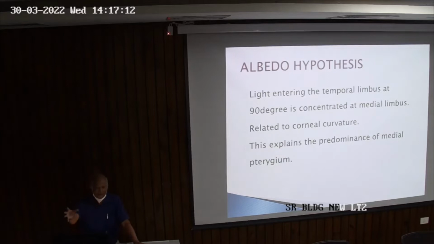Whenever light comes from the front or the side, there is direct exposure to the nasal and temporal sides, plus additionally the nasal bone, which does not absorb but reflects UV rays over the nasal part. So there is additional reflected UV radiation on the nasal side, because the nasal bone cannot let it pass through.